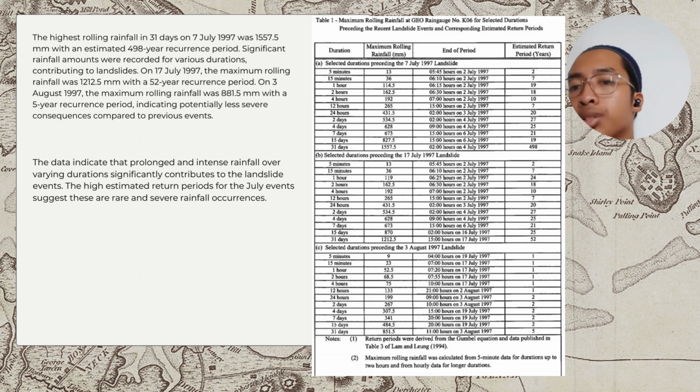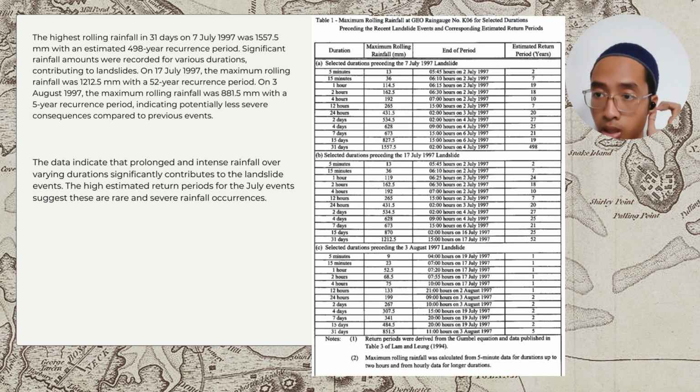On 3 August 1997, the maximum rolling rainfall for 31 days is 881.5 mm, with an estimated return period of 5 years. Significant durations include 2 hours at 68.5 mm, 1 day at 199 mm, and 15 days at 484.5 mm.